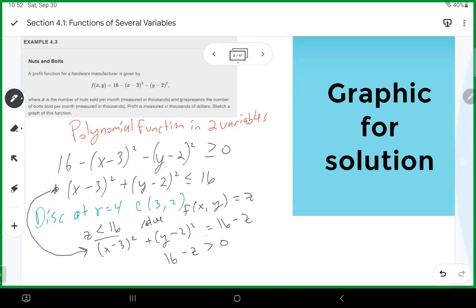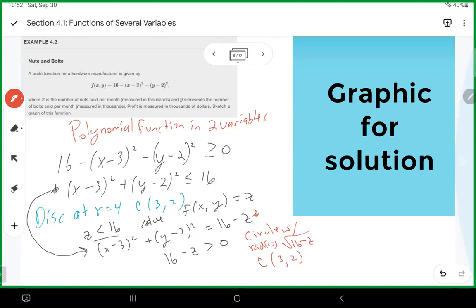So the previous equation describes a circle with radius square root of 16 minus z centered at 3, 2.